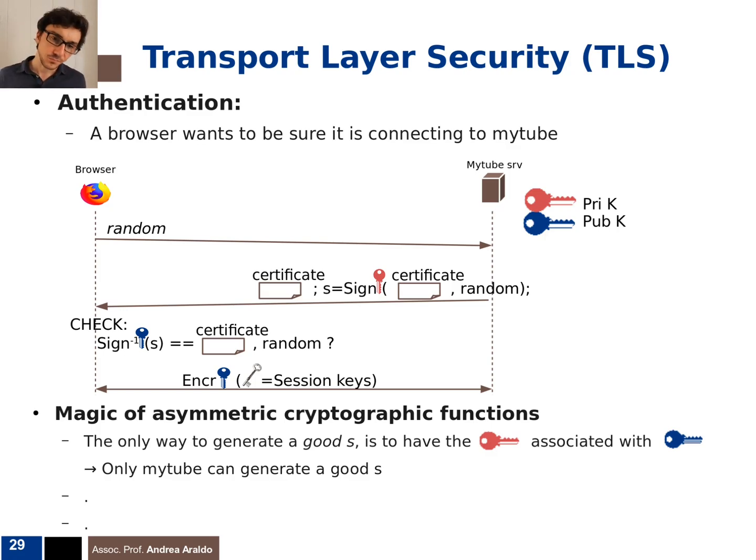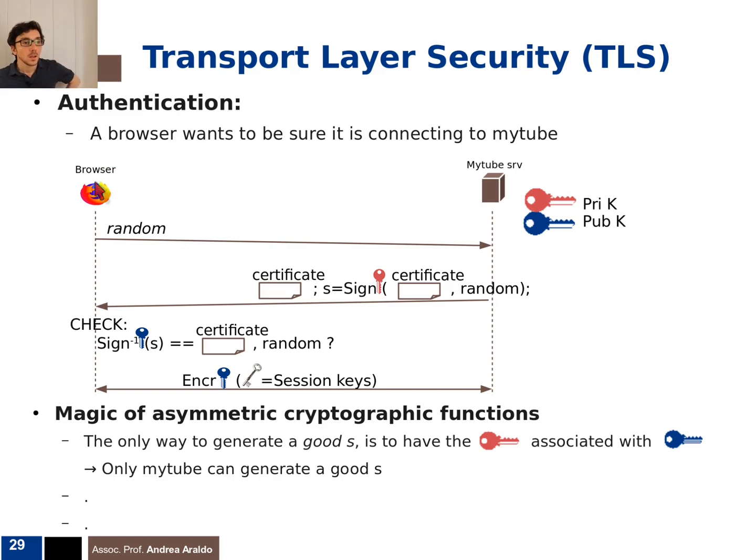To do so, we use asymmetric cryptography. This means that the server, MyTube in this case, needs to have a pair of keys, a private and a public key. The public key, as the name suggests, is announced to everyone, to the world, it's public, while the private key is only known by MyTube itself.